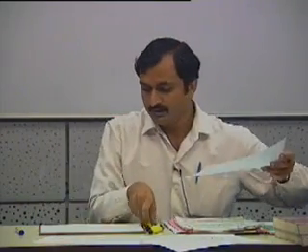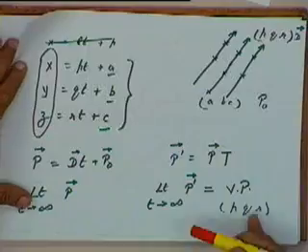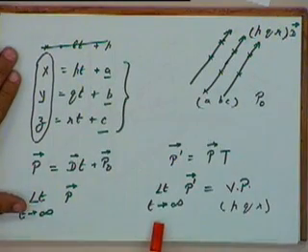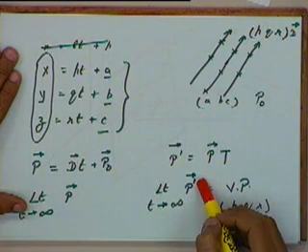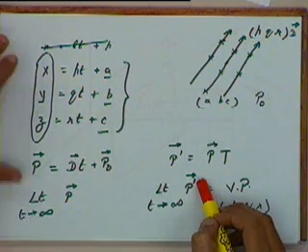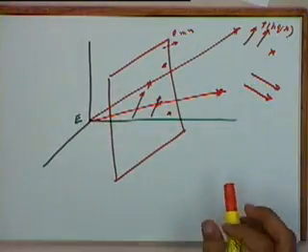Okay. So we come back to this. For finding the vanishing point, we will take the limit of t tending towards infinity of this point p prime.